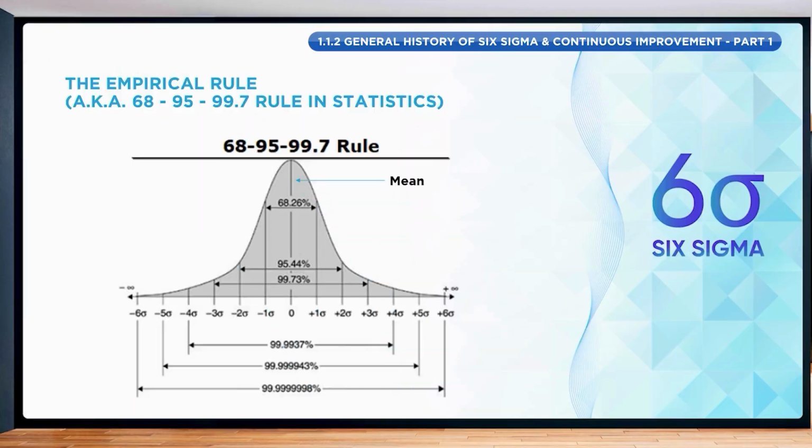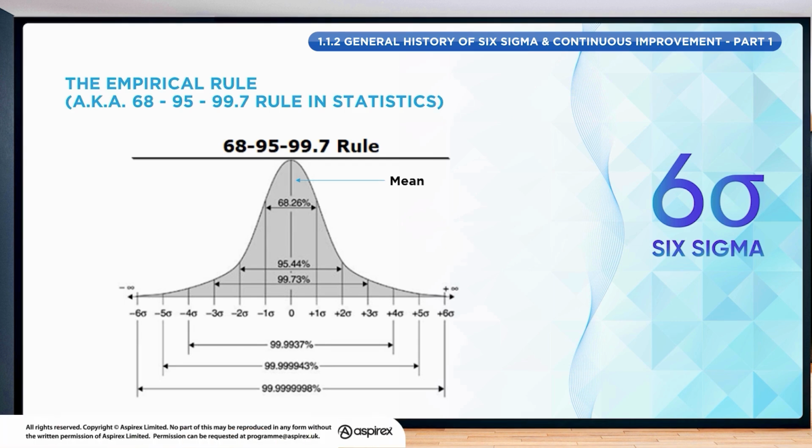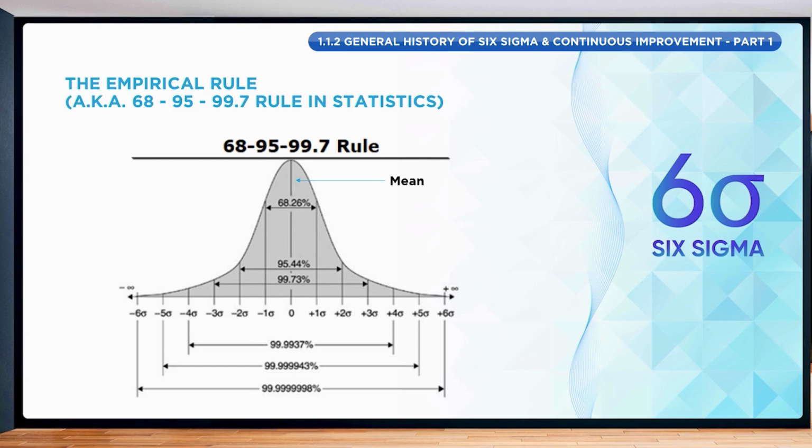We have the empirical rule in statistics, which is also known as the 68, 95, and 99.7% rule. What it means is, if we look at a normal distribution like the one in the diagram, the majority of the data points are contained within plus/minus 1 standard deviation from the mean, more specifically approximately 68%.